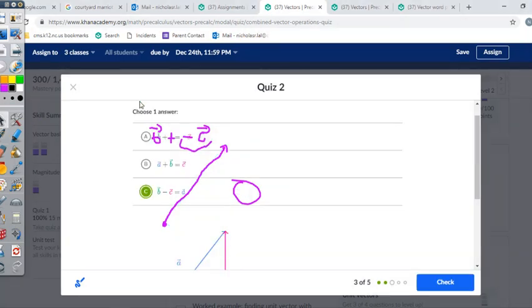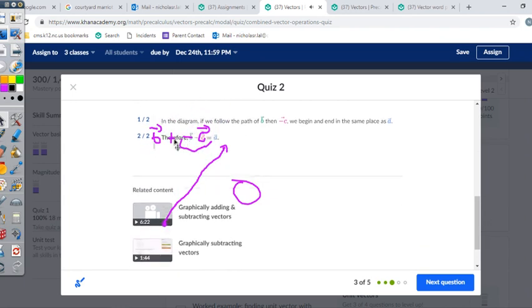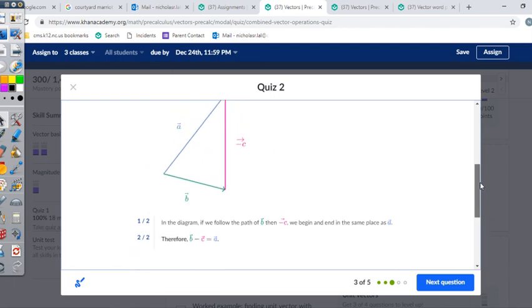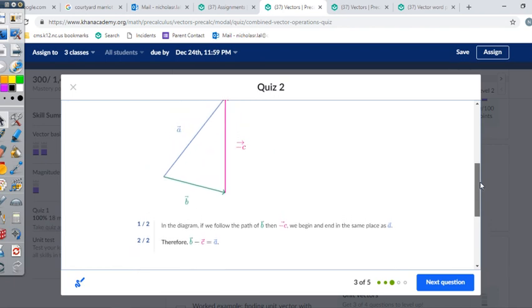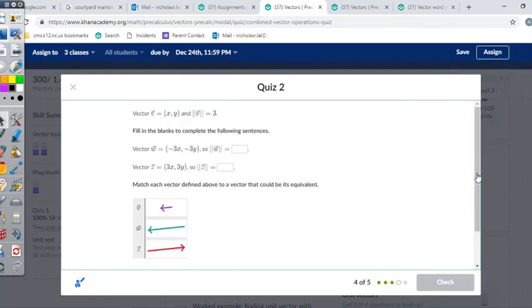This will be answer choice C. Also, you can always look through the explanations here. If we follow the path of B and then negative C, we end up in the same place as A. So in that case, we start here and end up at the ending place at A.